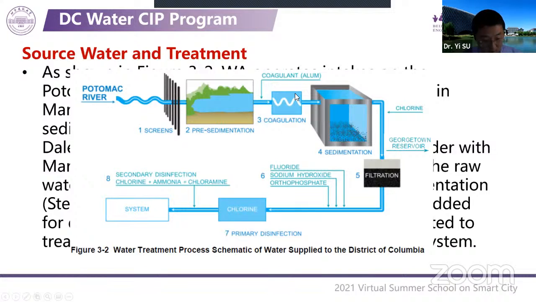At the Dalecarlia water treatment plant, the raw water goes through coagulation and the sedimentation processes. After sedimentation, chlorine is added for disinfection, and the pre-treated water is distributed to treatment plants, then pumped into the distribution system. Just to give you a general idea of the process.